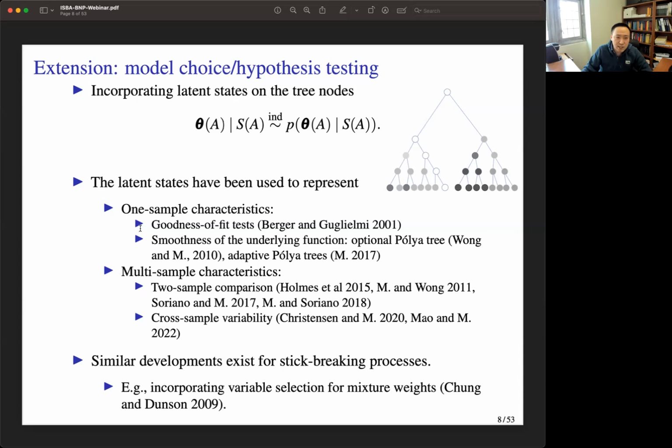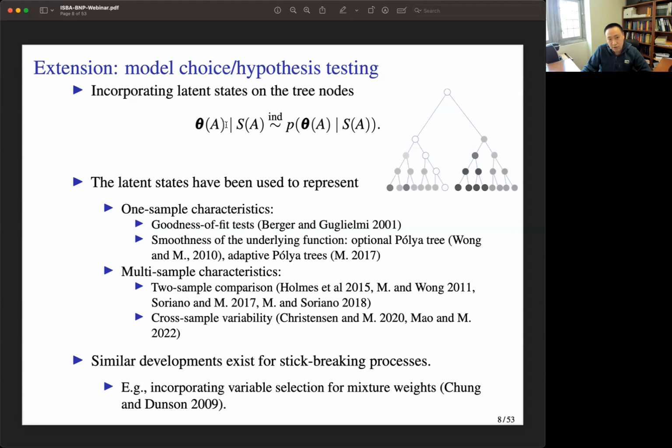The idea of hypothesis testing using Polya tree or tree-based models is pretty old. For example, in those classical papers by Jim Berger and Sandra, and also the classic papers by Chris Holmes and co-authors.